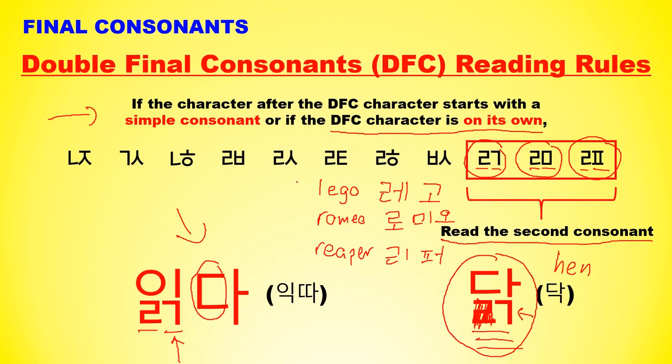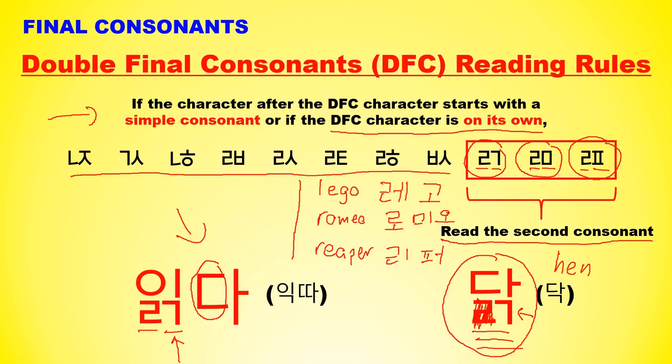And if you come across other Korean characters with double final consonants that do not coincide with these three words that you've just learned, then these combinations actually belong to the first group on the left. And following the reading rule that you have just learned in the previous slide, you are supposed to read the first consonant if the character after that starts with a simple consonant, or if it's on its own.